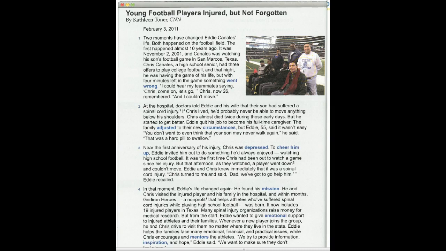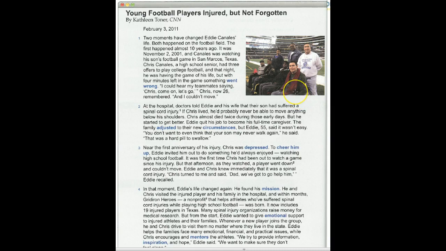Okay, so based on the picture, we can see it looks like they are in a sports arena, A-R-E-N-A, arena. And he has a football helmet, H-E-L-M-E-T, helmet, on his sweatshirt. So it looks like these are football players. Okay, so this is probably going to be a text about football players.